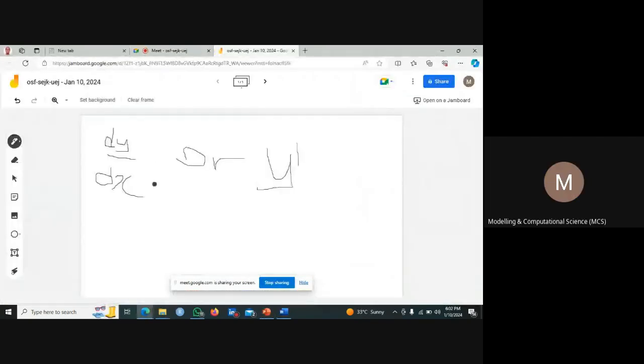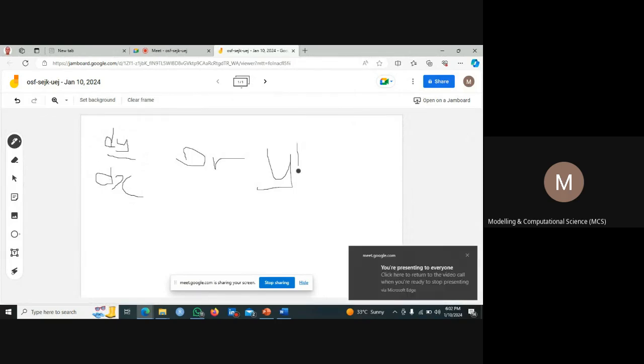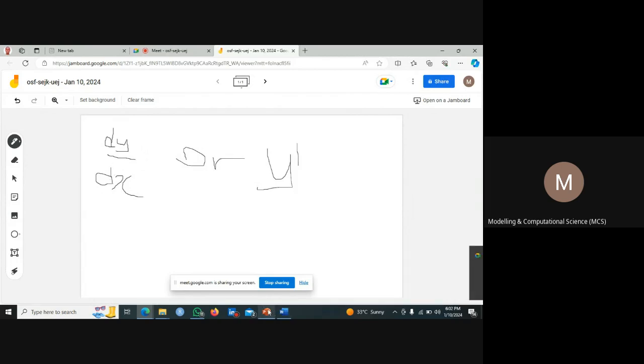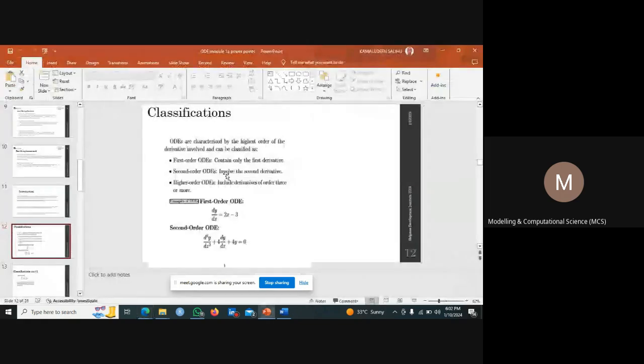Okay. So this is an example of a derivative, that is dy/dx or y prime. Either you write it like this or you write it like that; any one of them is accepted. The second order involves the second derivative. How is it going to be written?